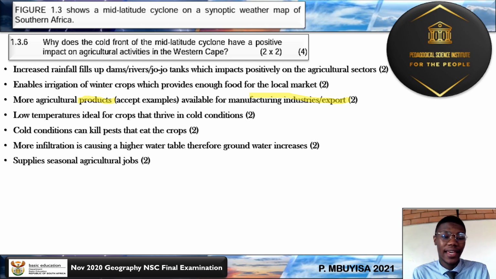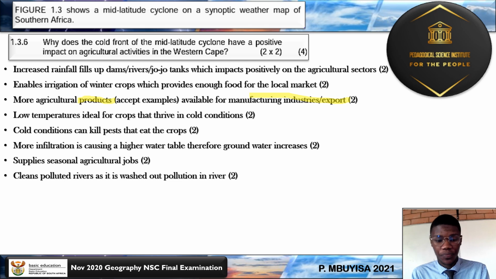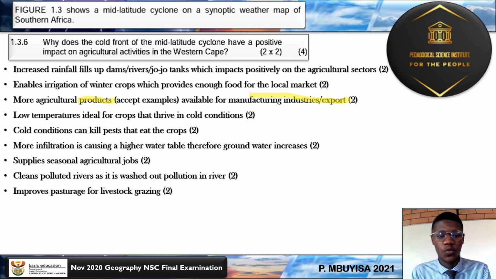It's going to again supply us with jobs, so the job market from agriculture is going to increase because more people will be hired as a result of this. And again, this rainwater will clean polluted rivers, as all the polluted water will be washed away and pollutants will be removed from the water.